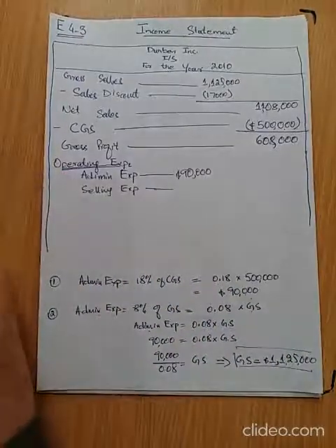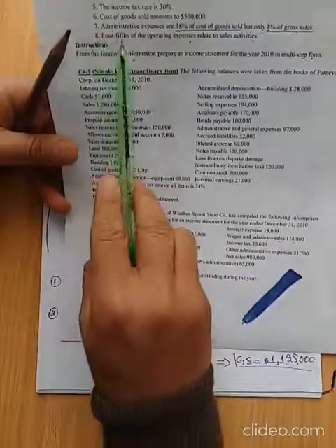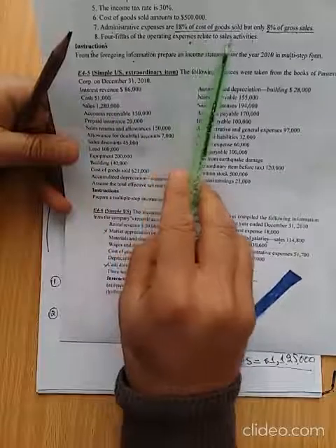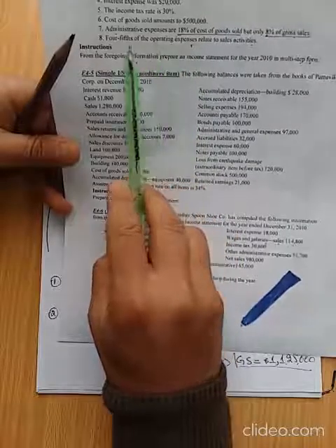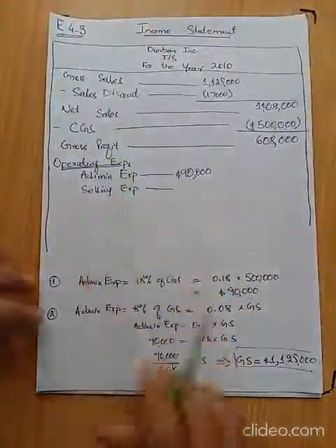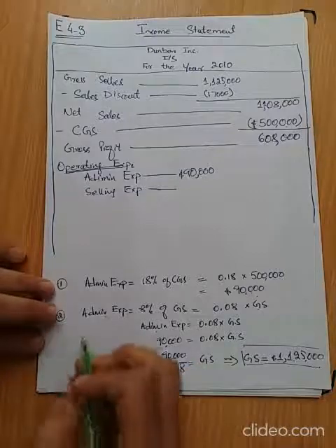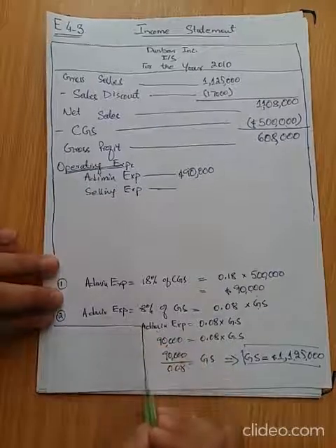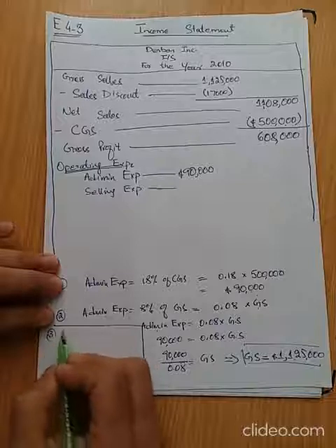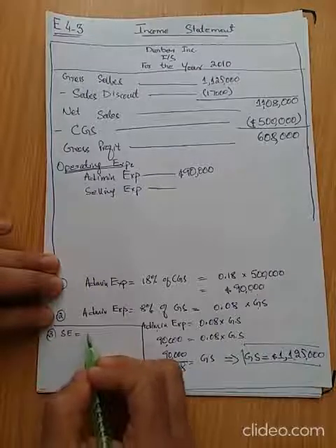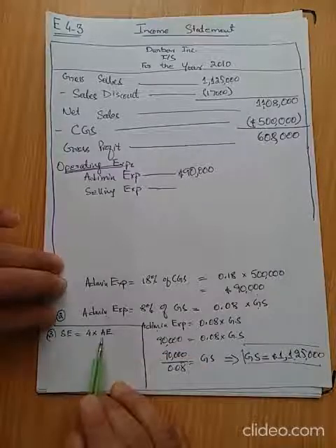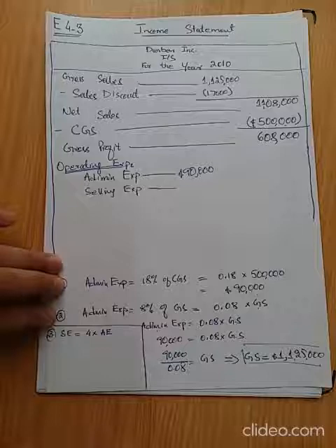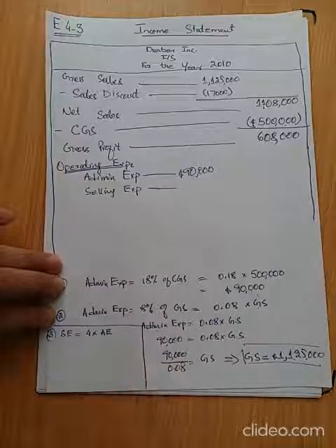Now let's go back to the numerical and see what it says to us. The numerical says that 4/5 of the operating expenses relate to the sales activity. In other terms, I can write it like this: number 3, selling expense is equal to 4 times the administrative expenses. 4/5 here means that out of 5, 1 portion is admin and 4 portions are sales.